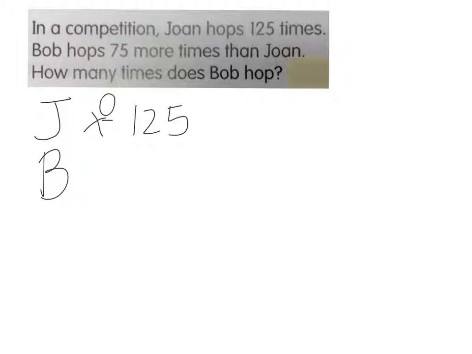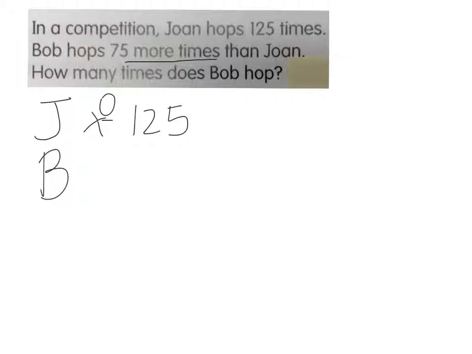What does Bob do? Don't think about the numbers yet either, because I know we wrote 125. But what does Bob do? He hops what? 75 more times. Okay, but without the numbers. Let's look at it again. In a competition, Joan hops sometimes. Bob hops more times.